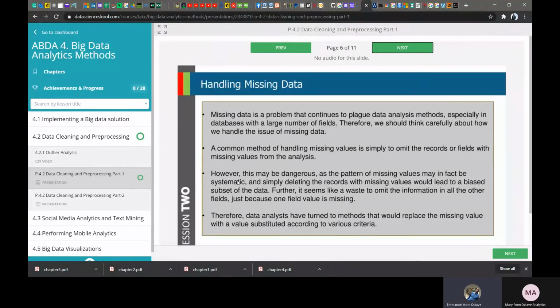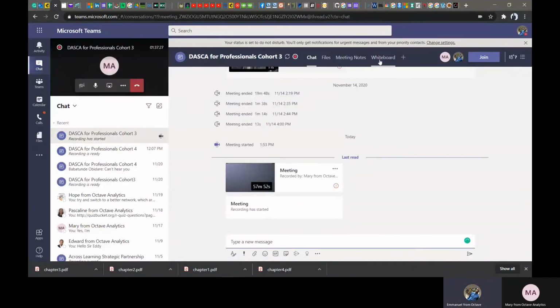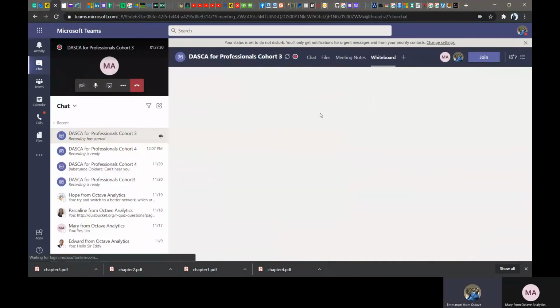It's really a waste. Therefore, data analysts have turned to methods that replace the missing value with a value substituted according to various criteria. So let me give an instance. Let me use the whiteboard marker. I have a scenario such as this.